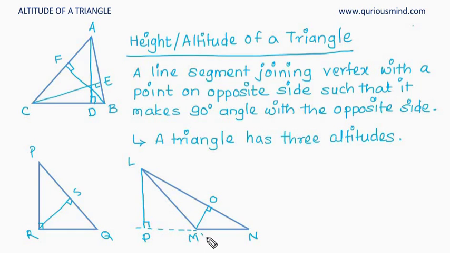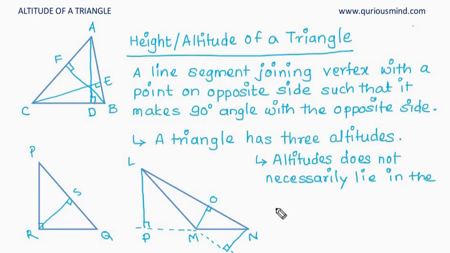Similarly, if I have to draw an altitude from N, it's going to be in the exterior of the triangle. Which means in an obtuse angle triangle, there are two altitudes which are in the exterior. So that gives us a property of altitude: altitudes do not necessarily lie in the interior of the triangle.